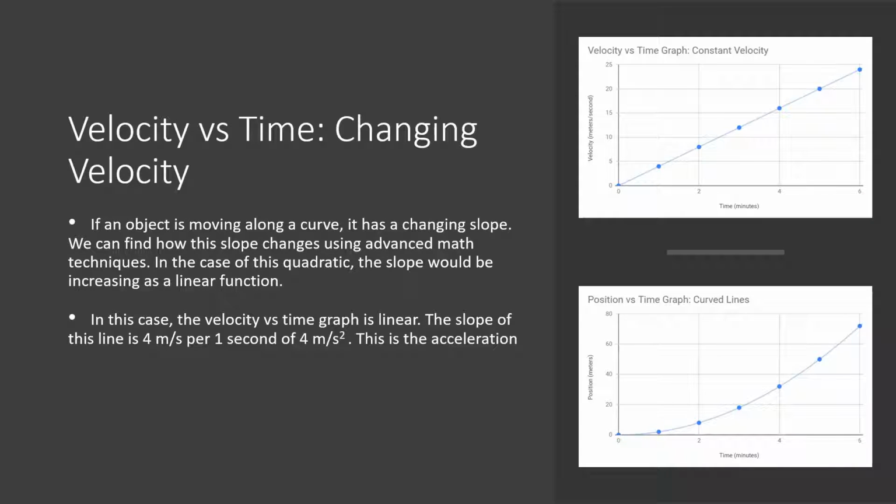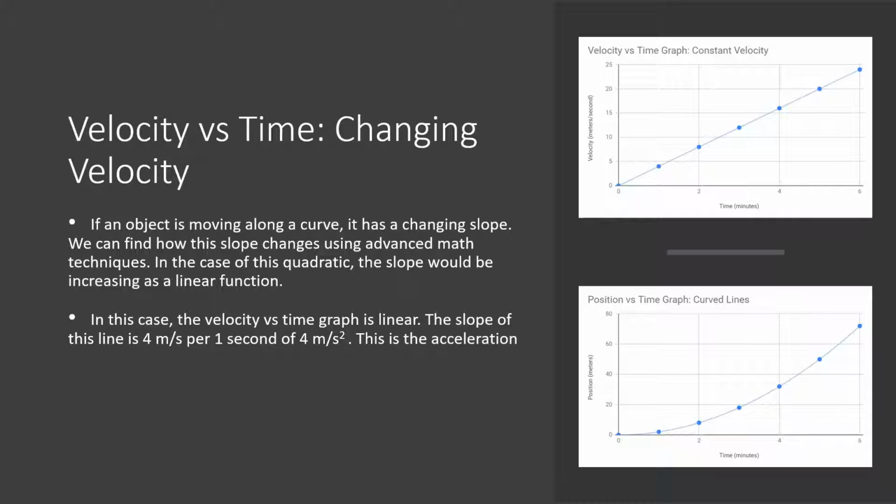When we take it to the next case, the changing velocity case, there's actually a cool math thing you can learn to do later on in your career where you can find the slope of a line like this. It turns out that the slope of a quadratic would give you a linear slope. That's something you'll learn about in calculus.